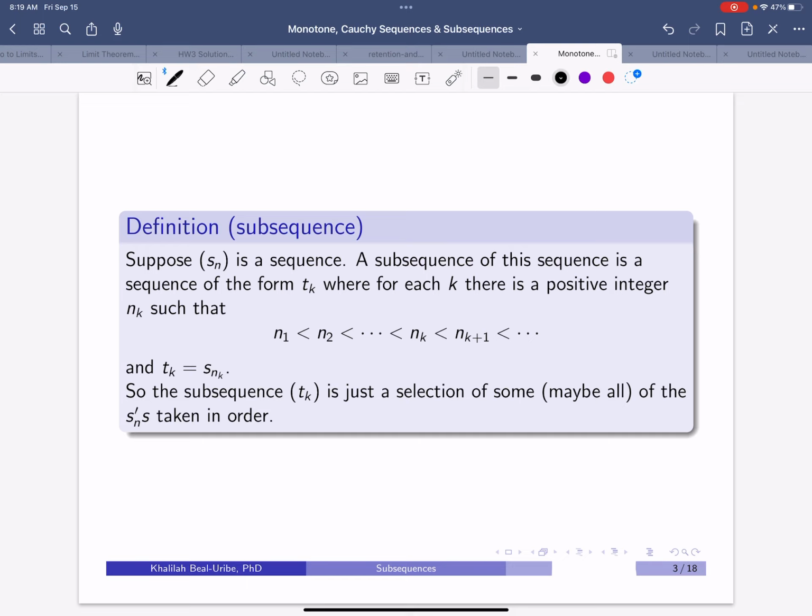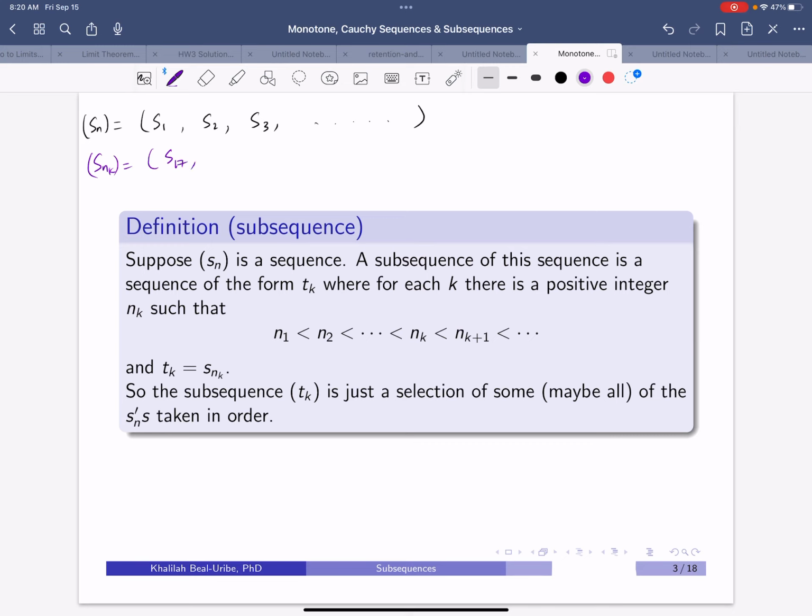So if you start off with your sequence Sn being S1, S2, S3, I could form a subsequence S_{n_k}, and I can decide what is the first term of my subsequence. I don't know, maybe it's 17, so it'll be S17.